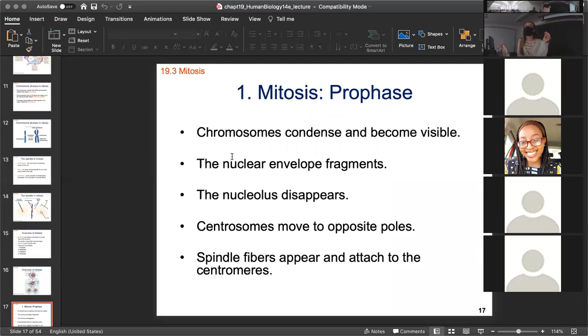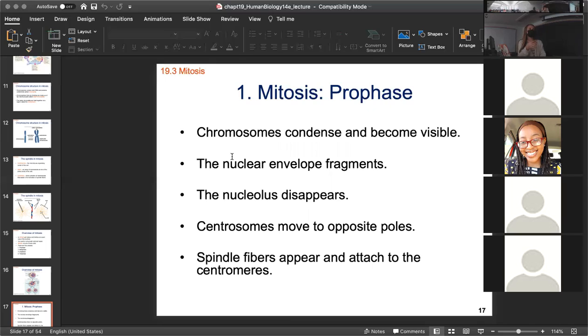When they're normally in interphase and they're growing and replicating, they aren't as condensed as they are when they're going through prophase. The nuclear envelope fragments or becomes open, essentially. That nuclear envelope is what encloses the nucleus, and the nucleolus disappears.